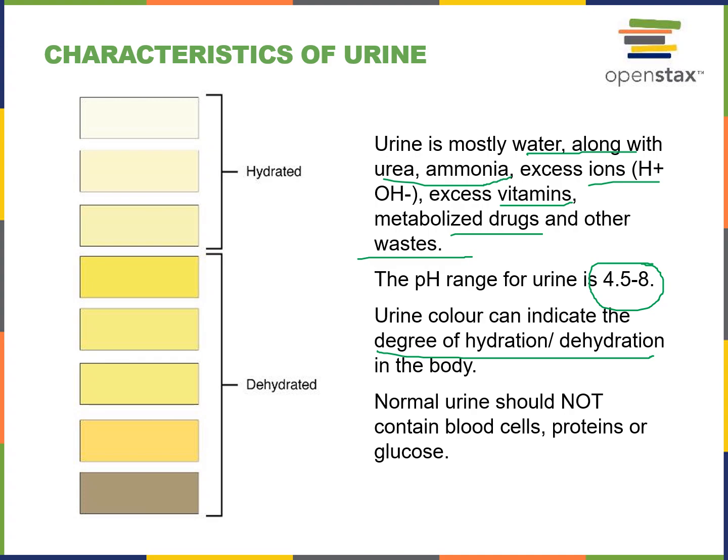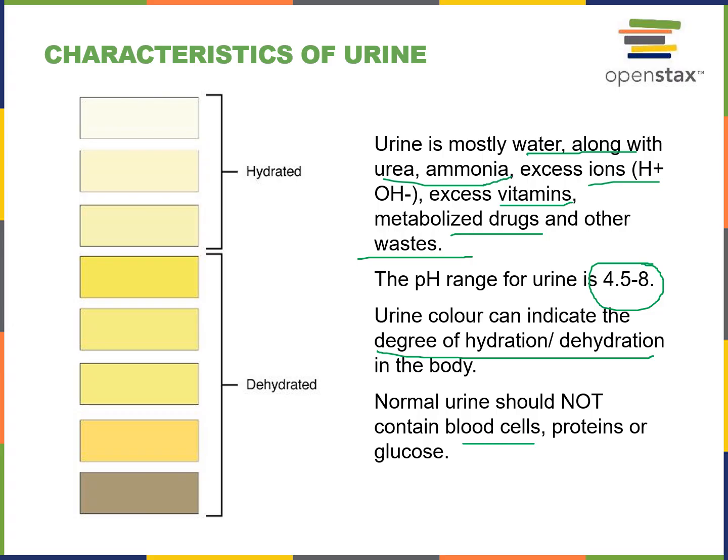If you're very hydrated, urine should have just a very pale color, straw colored. It usually should have no smell. If it's allowed to sit for a long time, the ammonia in it starts to give off a sharp odor. And of course, normal urine should not contain blood cells.